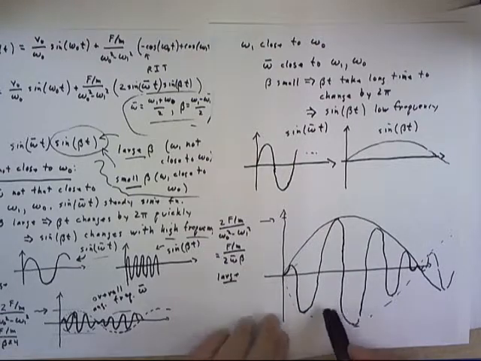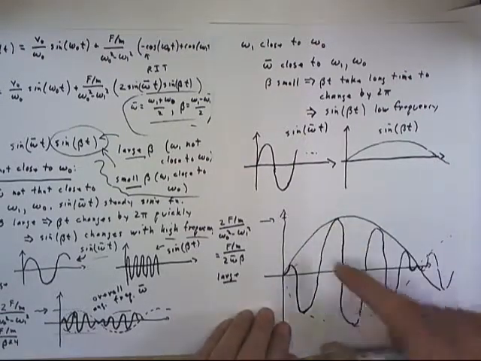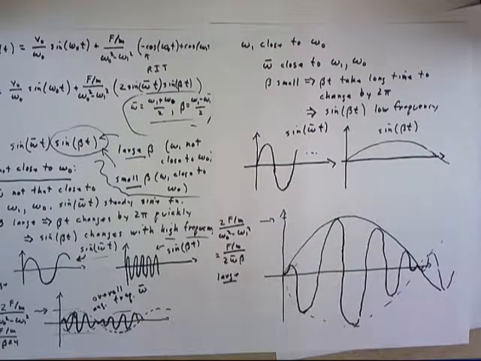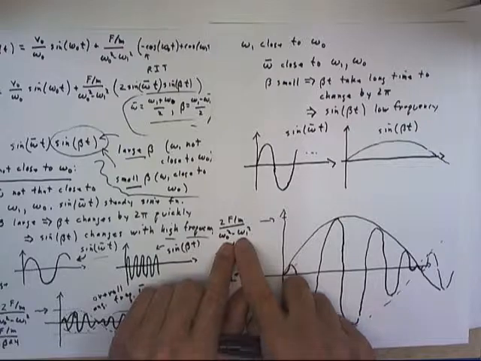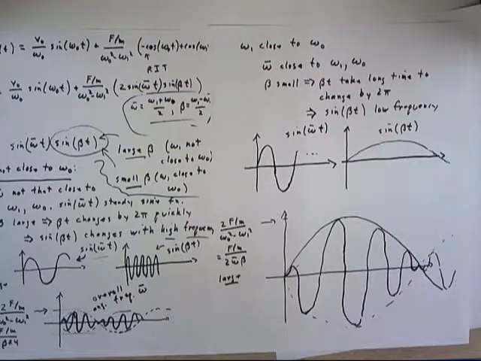In addition, the maximum amplitude of this envelope is going to be larger because omega naught squared minus omega 1 squared is going to be a lot smaller if these two numbers are close together.